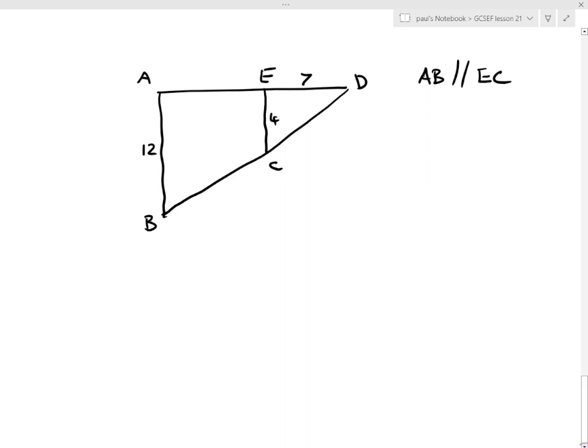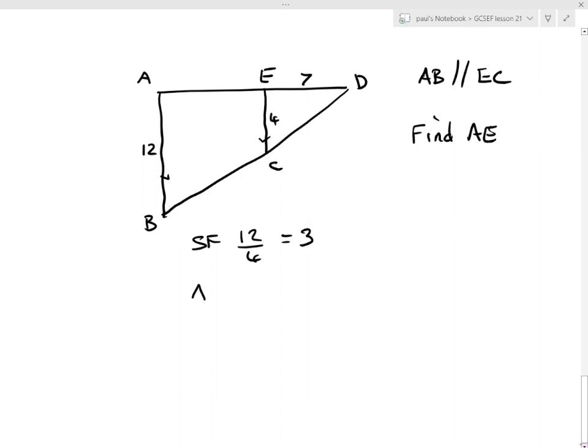So what we're going to do, we're going to find AE. Okay, so the scale factor is going to be these corresponding parallel sides there. So that's 12 divided by 4, which equals 3. So the big triangle is 3 times bigger than the little one. Now we've got the scale factor, we can go from ED to find all the way from AD.